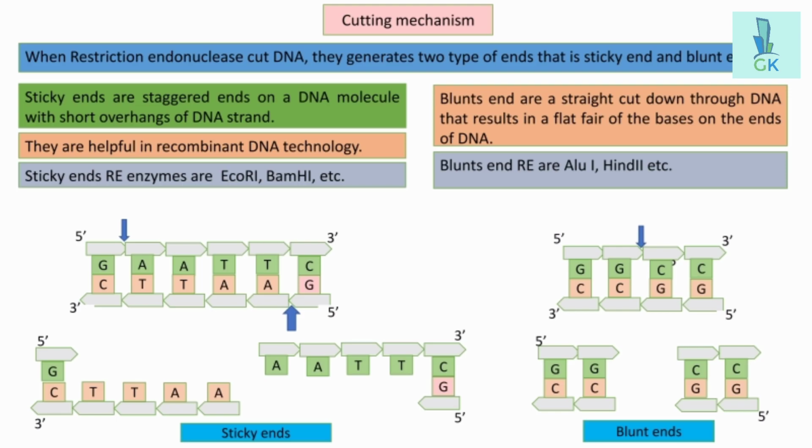These ends are very important in recombinant DNA technology because the enzyme ligase can easily join these DNA because of this overhanging strand. And blunt ends are generated when the endonuclease cuts the DNA straight. You can see this picture and clearly understand how these ends are produced by the restriction endonuclease enzyme.